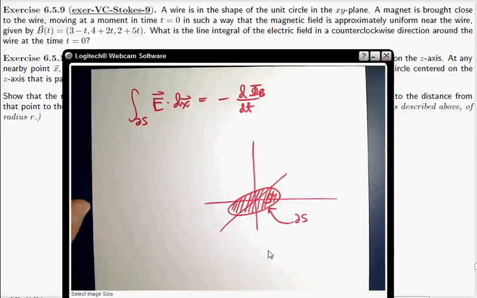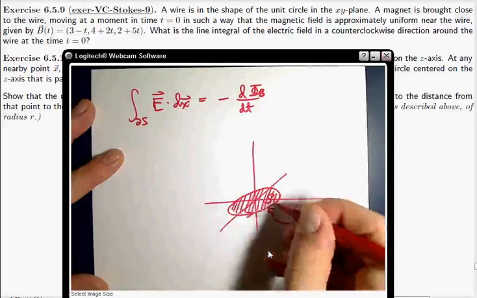So the problem asks for the line integral of the electric field in a counterclockwise direction around the wire. Now, shame on me, I didn't say as seen from which direction. Presumably I meant counterclockwise as seen from above. So let's say we're going this way around the wire.